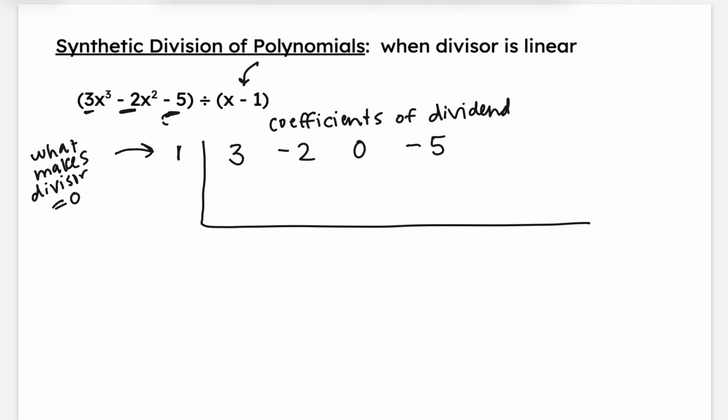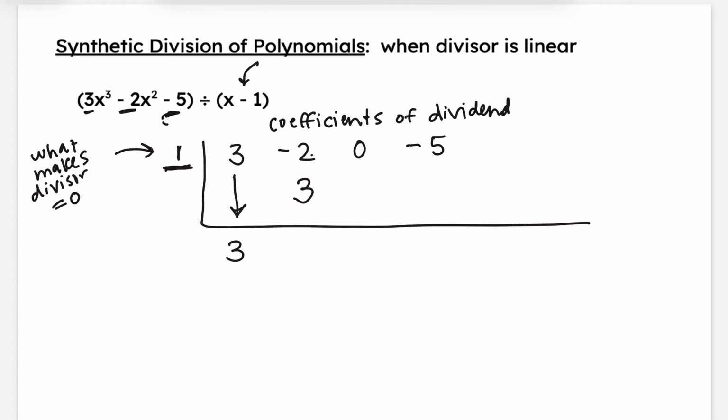So now what we're going to do is we are going to always drop down our first term. So we drop down the 3. So now we are going to multiply our 3 by our k value, which is that number right there. So 3 times 1 is 3, and we're going to put it right here. Then we're going to add down. So we're always adding down, multiplying by k.